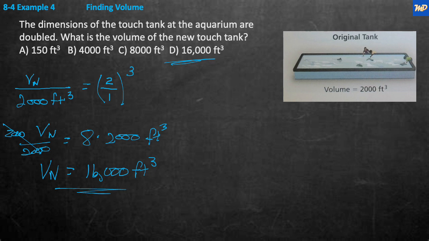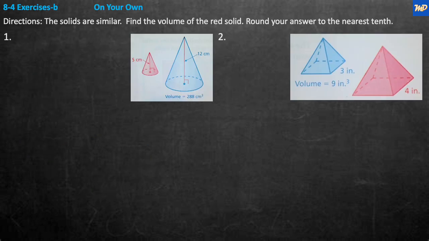Okay, exercise B is to be done on your own. They're similar solids. Find the volumes of the red solid and round your answers to the nearest tenth. So why don't you give it a shot? You see the proportions. You see the volume of 288 on the blue cone and a 12 centimeter height, 5 centimeters on the red. You don't have the volume of the red.